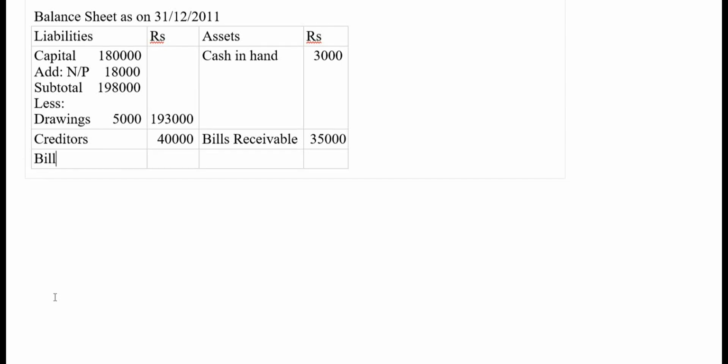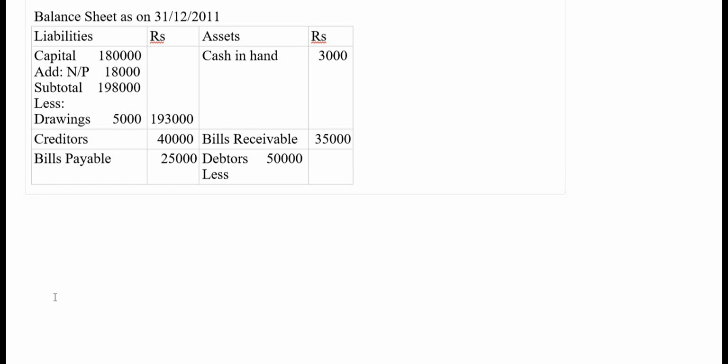Then bills payable, which is a liability here, rupees 25,000. Then debtors, rupees 50,000, less RDD rupees 1,000. So the difference here is 49,000. Then we have got stock, that is closing stock, 75,000.